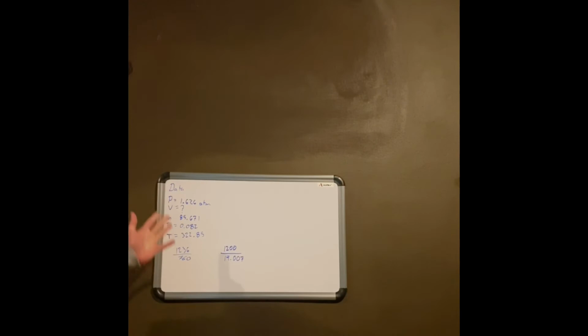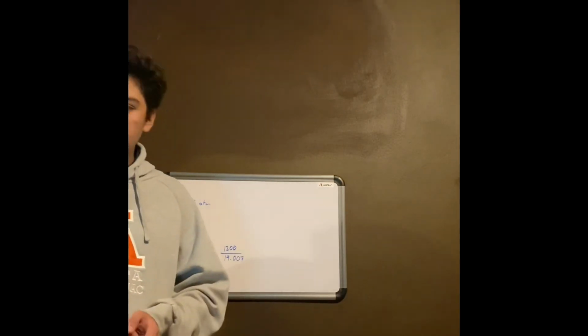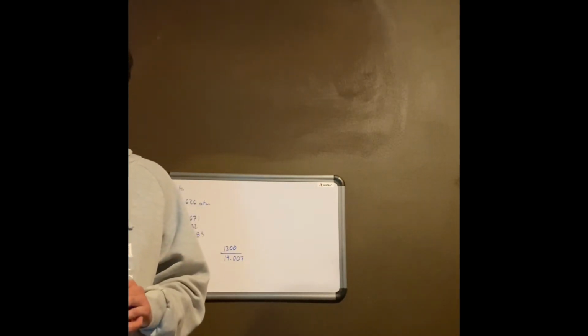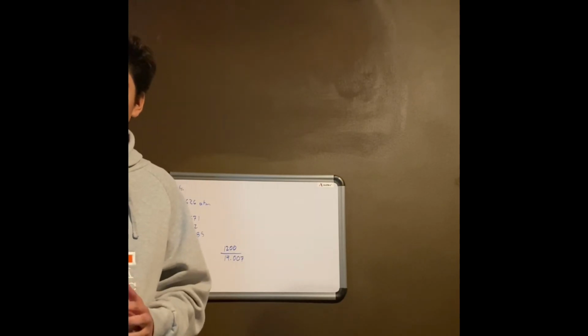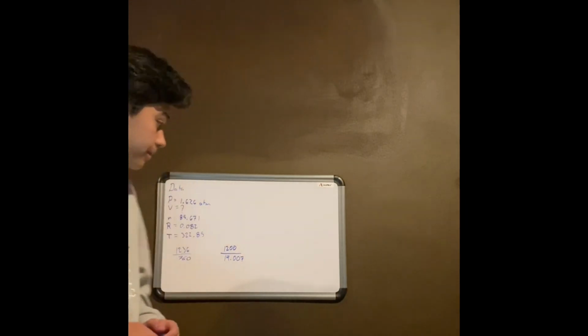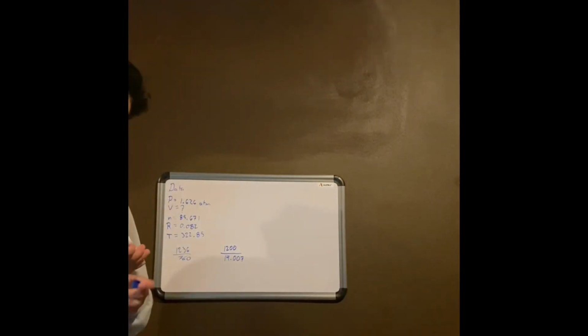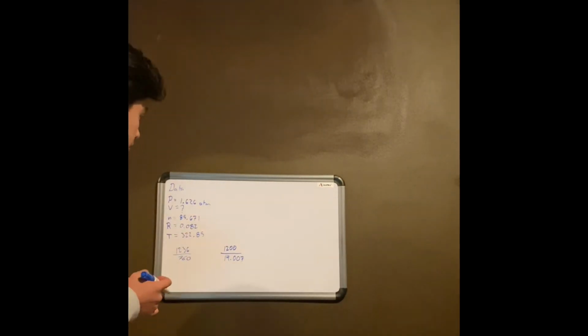The next one is the moles. For the moles, we need to do the following. In the problem, it told us that we have 1,200 milliliters of nitrogen, which converted to grams is the same amount, 1,200 grams.